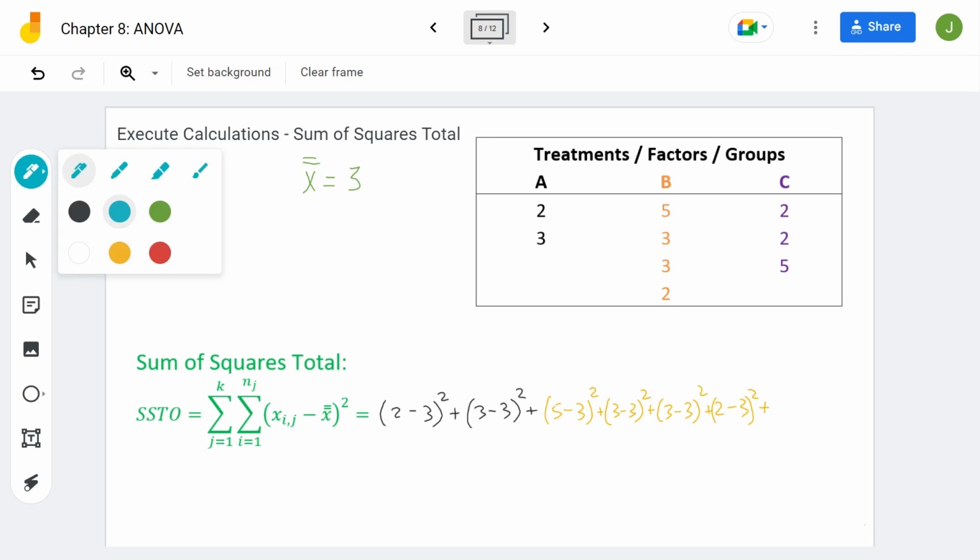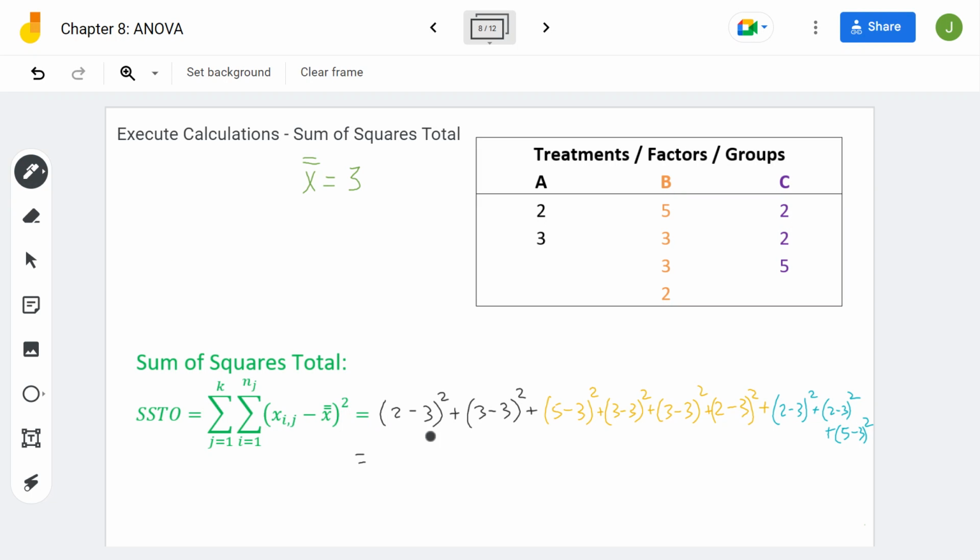And then I move to the last column. I don't have a purple, so I'll use a blue. So I have (2 minus my overall mean of 3) squared, not cubed, squared, plus (2 minus 3) squared, plus (5 minus 3) squared.